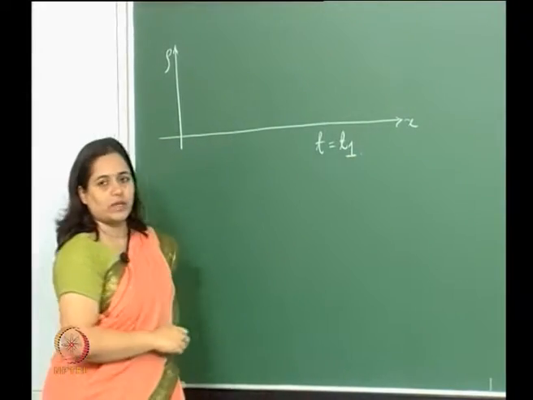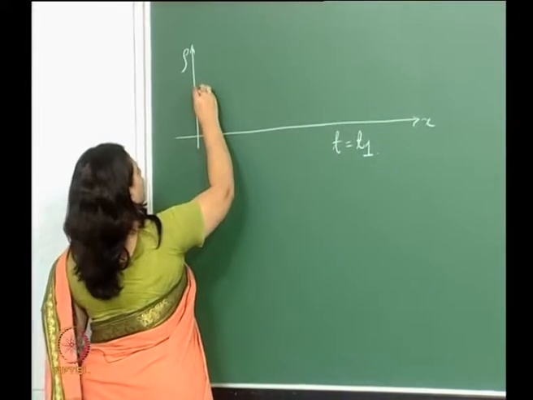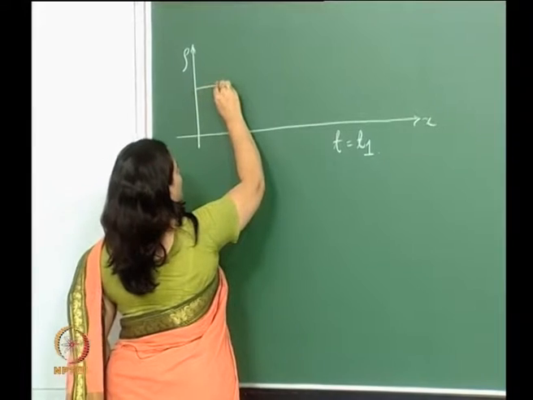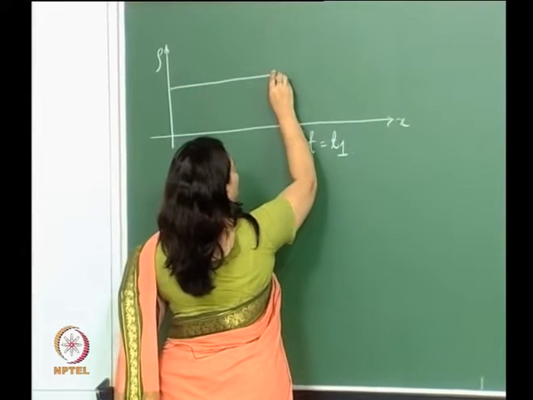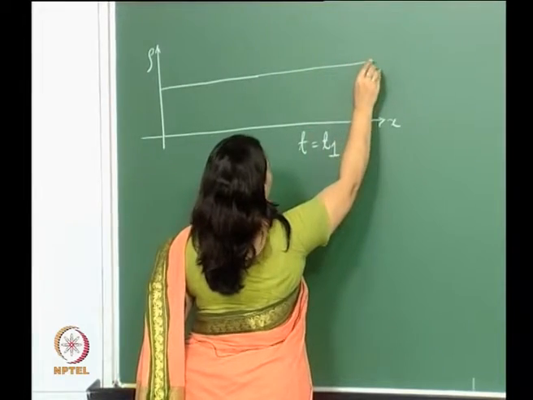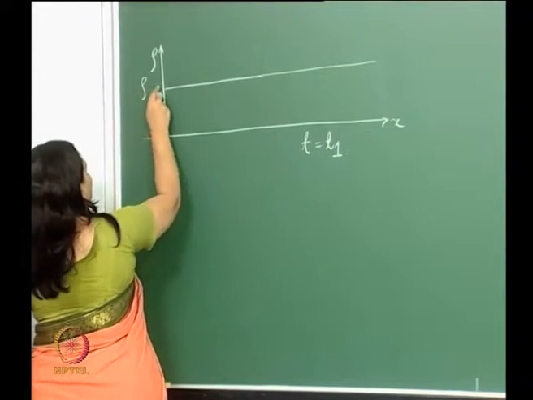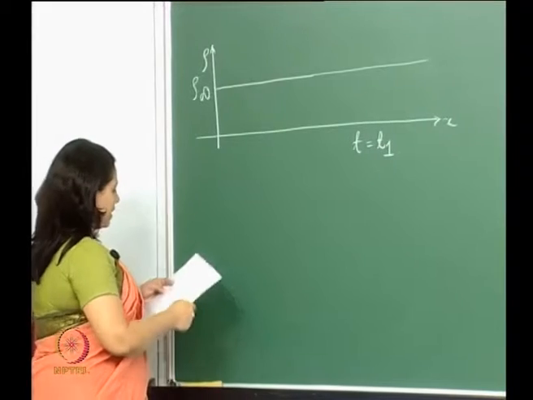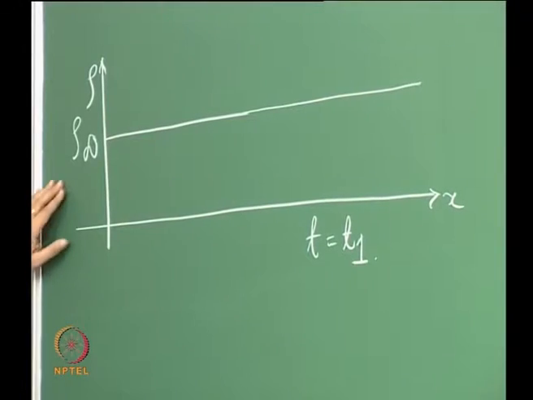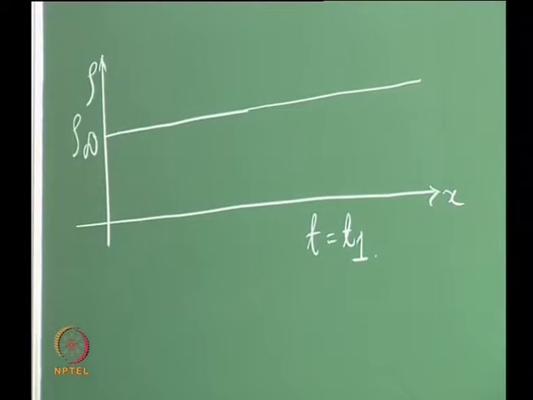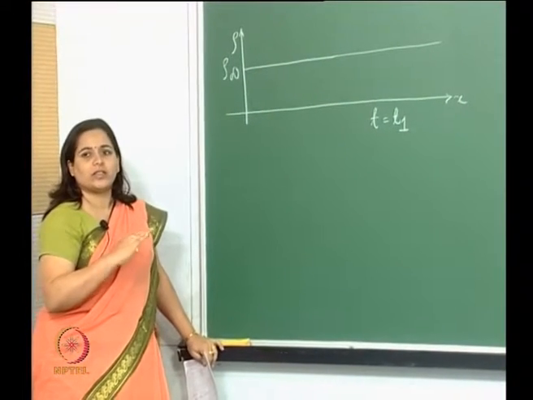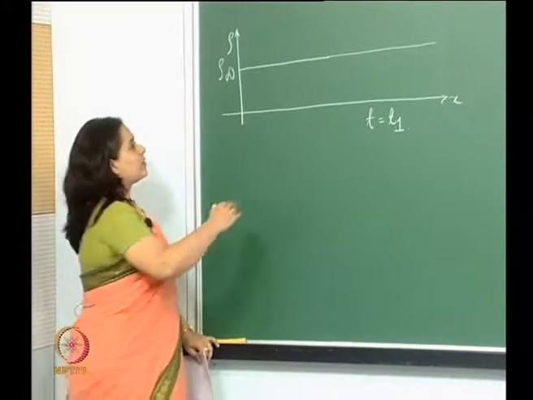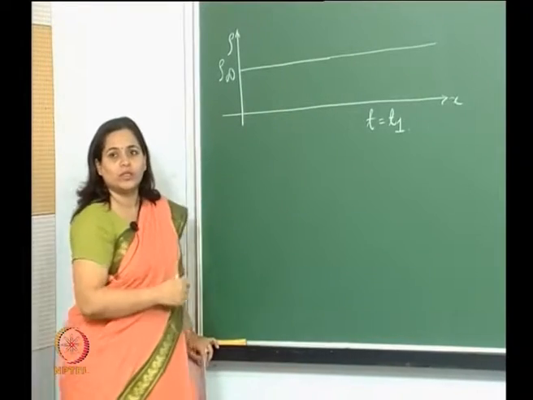At some time we have this, and let us say this is the ambient density or the free stream density. This is undisturbed.